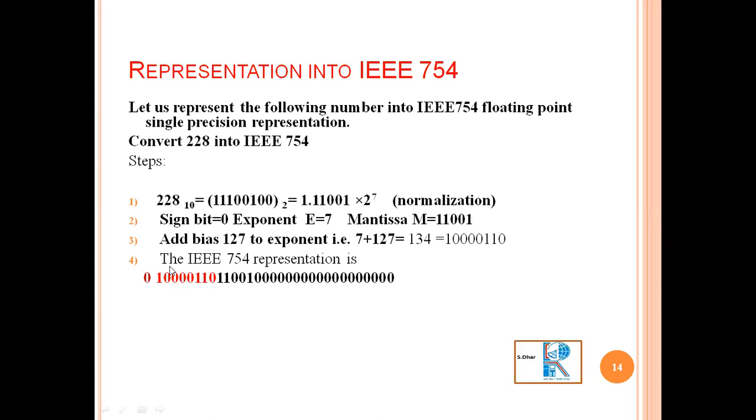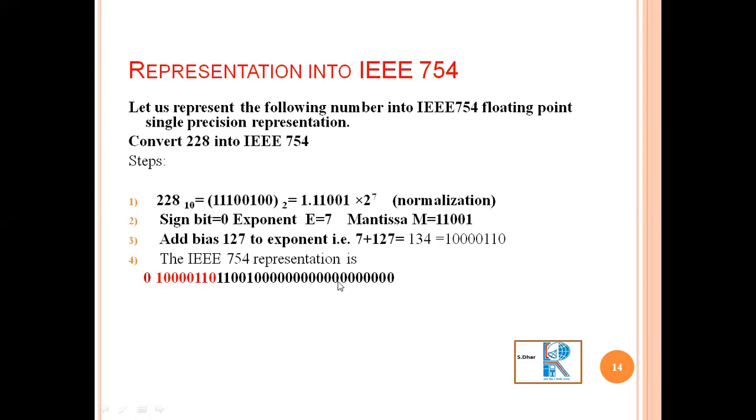Clear? So the IEEE 754 representation is now: sign bit 0. Then comes the exponent. What is the exponent? 10000110. In the red color, I have written the exponent, and the mantissa 11011.